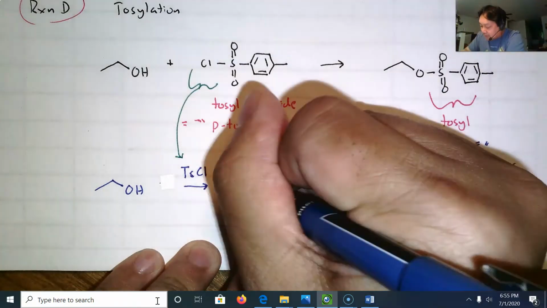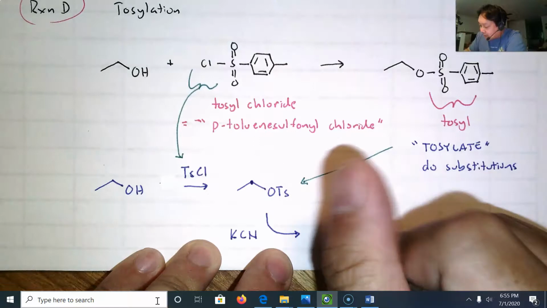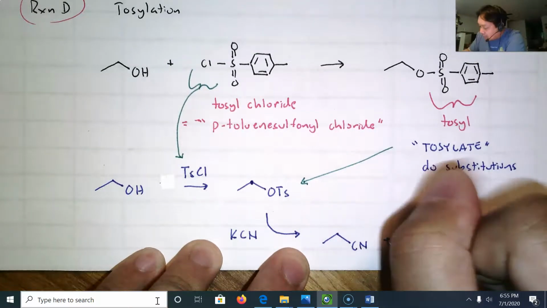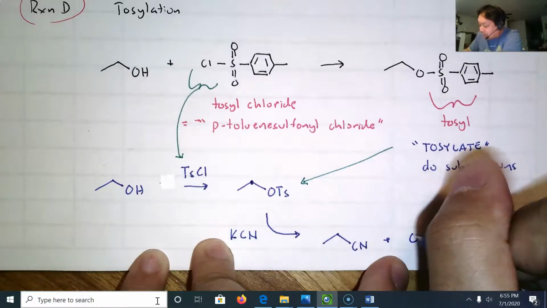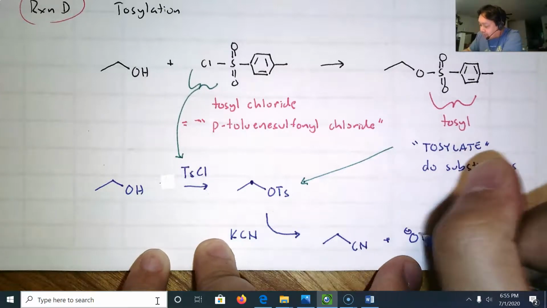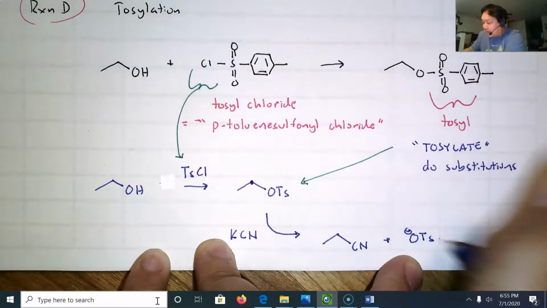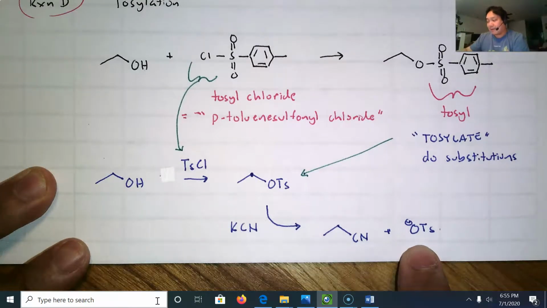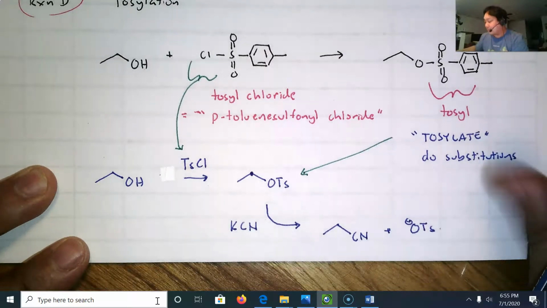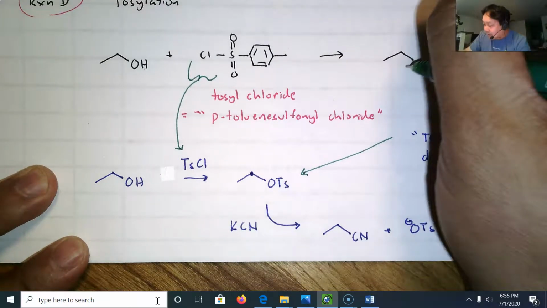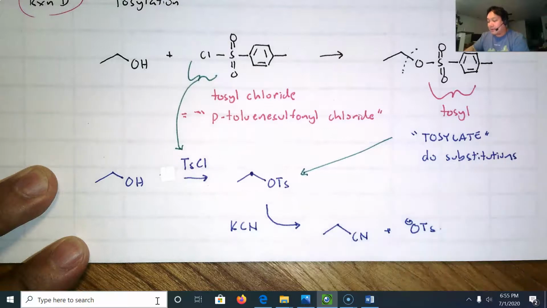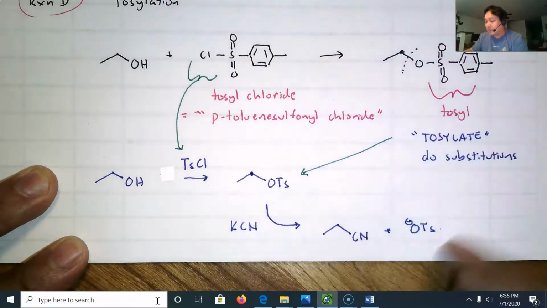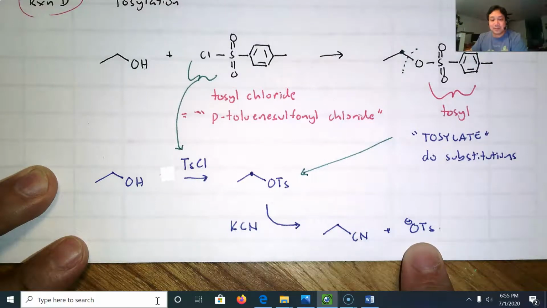Here's your dot, and that CN is going to come in and kick out the OTs. Normally for the product you don't draw the secondary products, but I'm going to write it here to emphasize that that was the leaving group. I already told you this is a good leaving group. Your nucleophile comes in at the dot, and you're kicking out the tosyl group.